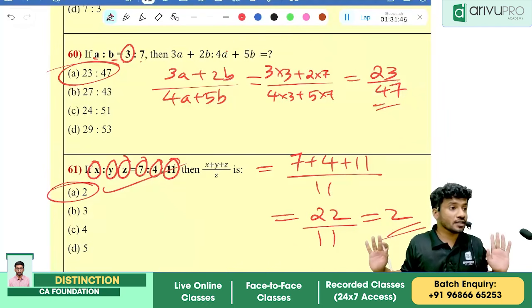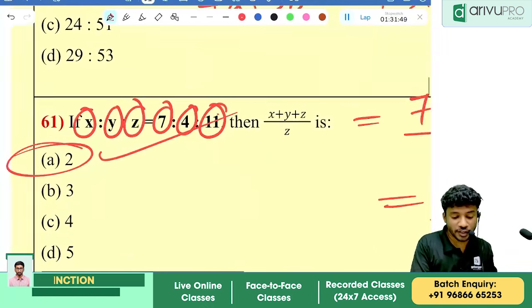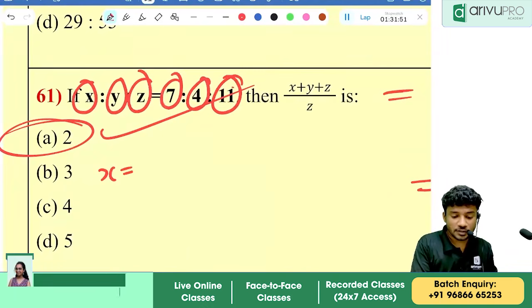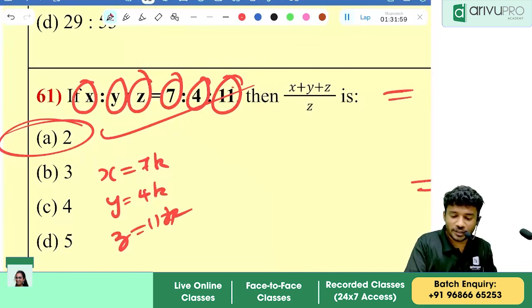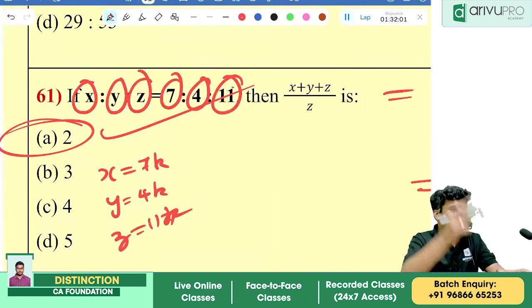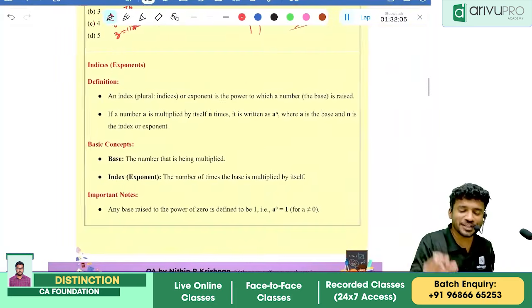It's very easy if you know the concept. Otherwise, you will do what you studied in school: x is equal to 7k, y is equal to 4k, then z is equal to 11k. Then you will take the common k outside and cancel it. Anyway, it will cancel out. Why should I do it again?